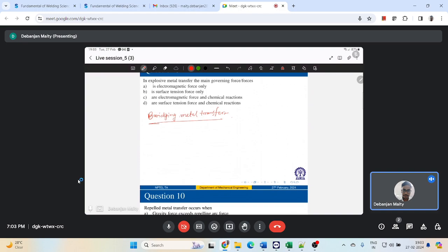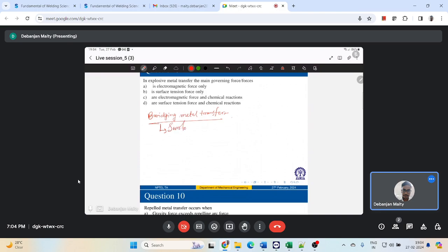Whenever your electrode wire is subjected to some kind of low short circuit current, you are contacting the weld pool. So surface tension becomes the driving force during that time.